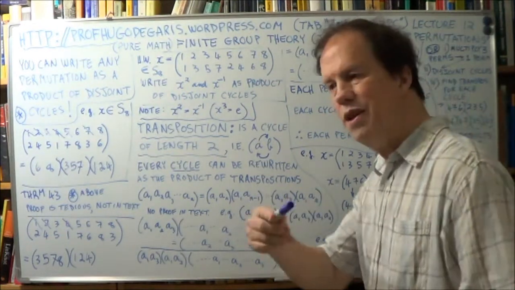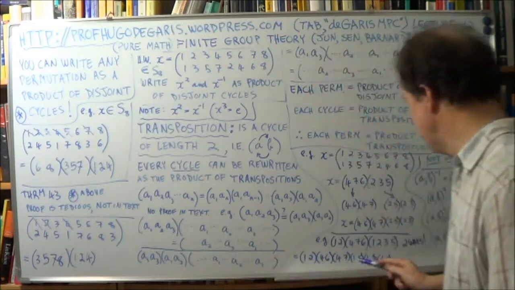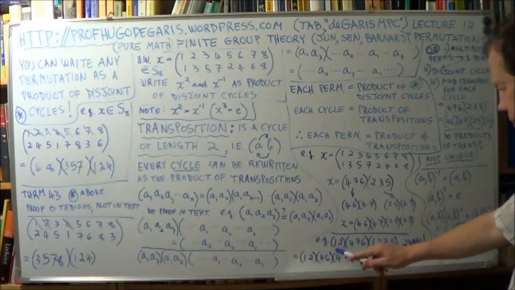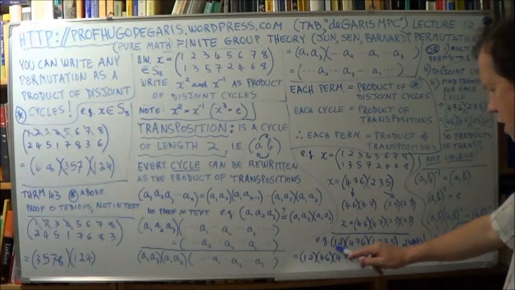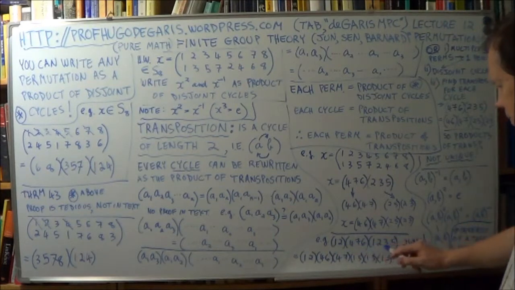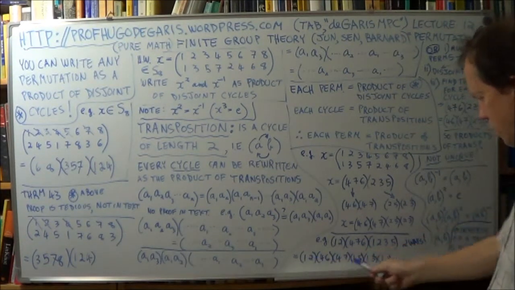That product is not unique, put it that way. So now here's a different way of doing it. Here we just ignored the fact that these 2 cycles are not disjoint, right? And we just got that.